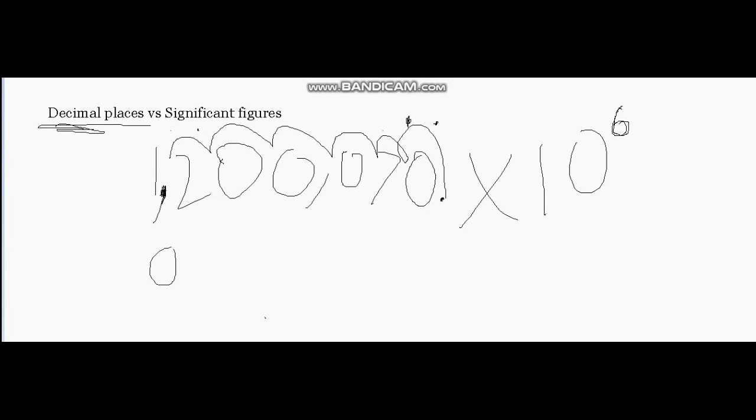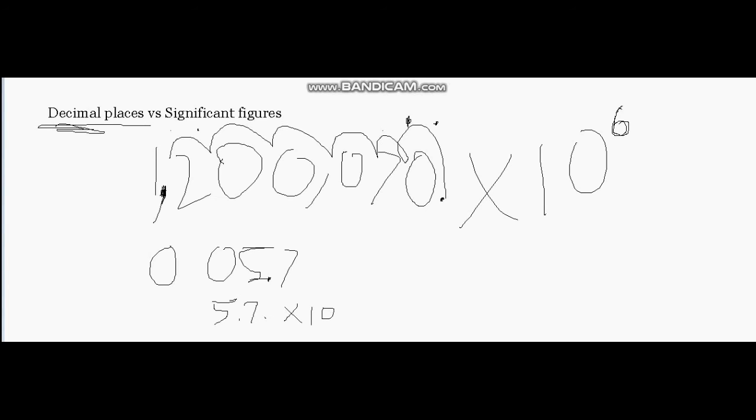Similarly, let's say we had 0.057 to be written in scientific notation or standard form. We would go ahead and put the decimal place between the 5 and the 7, and so we will end up with 5.7 times 10.